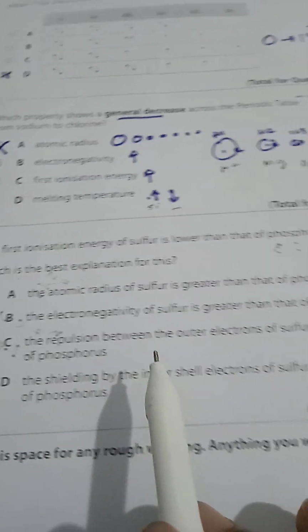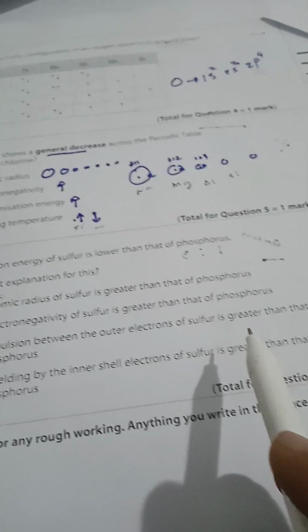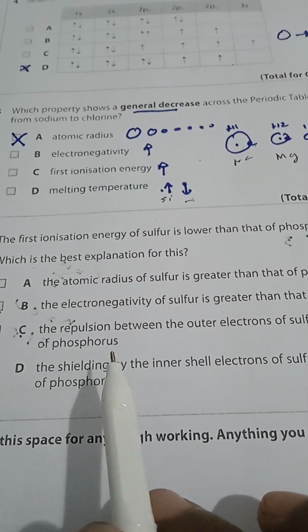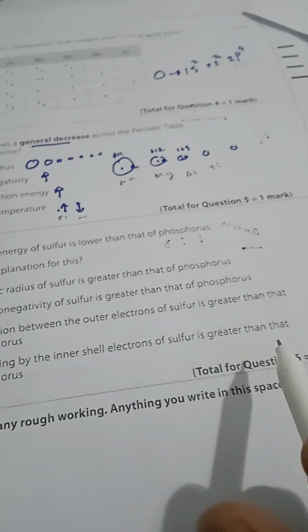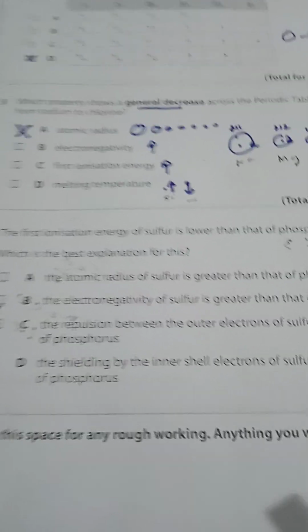The repulsion between the outer electrons in sulfur is greater than that of phosphorus. The shielding by inner shell electrons of sulfur is greater than that of phosphorus. To answer this, we will go to the electronic configuration of phosphorus and sulfur and see how they vary.